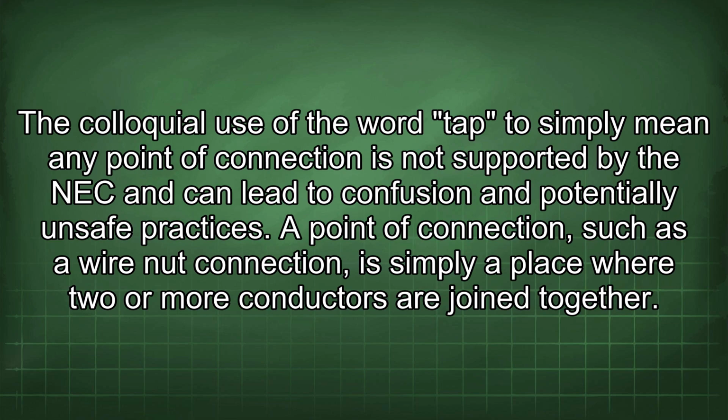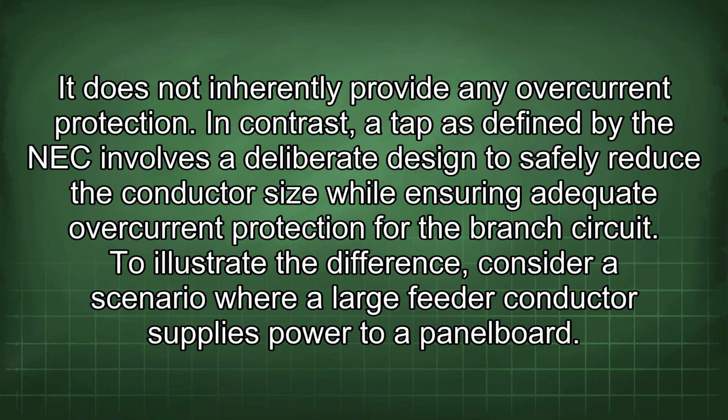A point of connection, such as a wire nut connection, is simply a place where two or more conductors are joined together. It does not inherently provide any overcurrent protection. In contrast, a tap as defined by the NEC involves a deliberate design to safely reduce the conductor size while ensuring adequate overcurrent protection for the branch circuit.